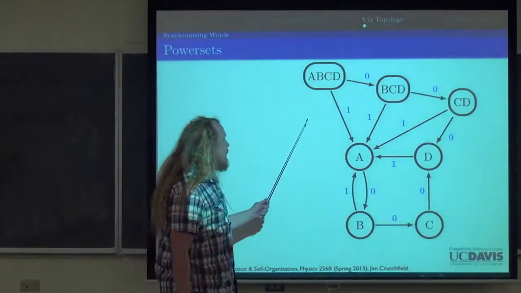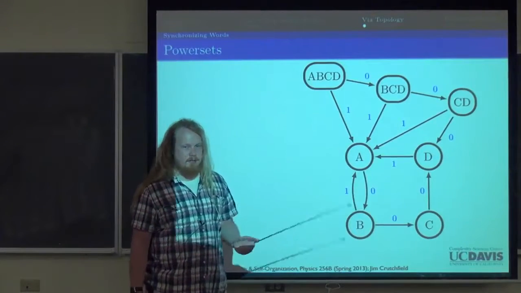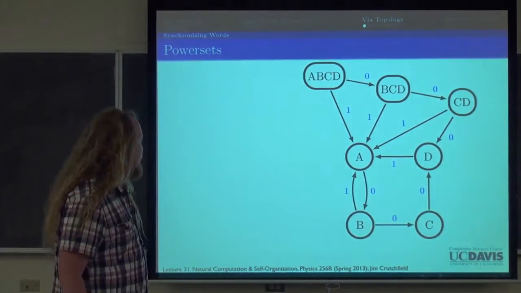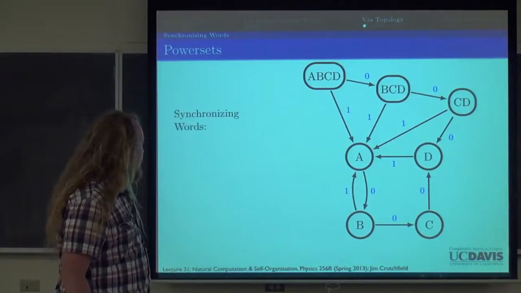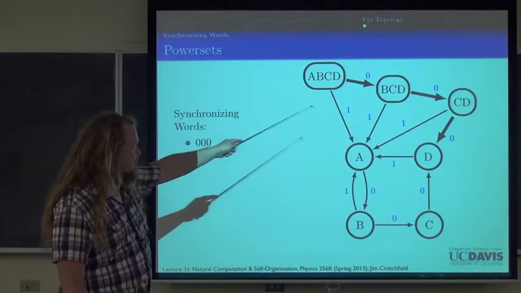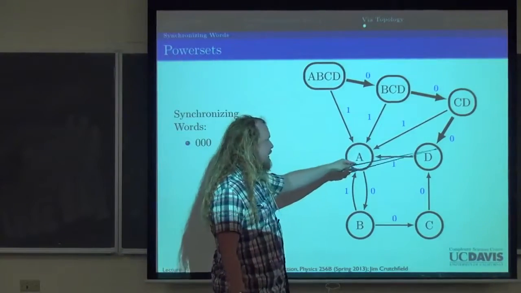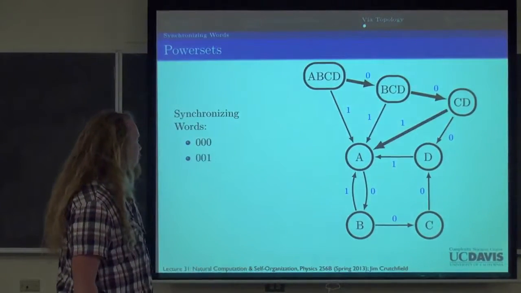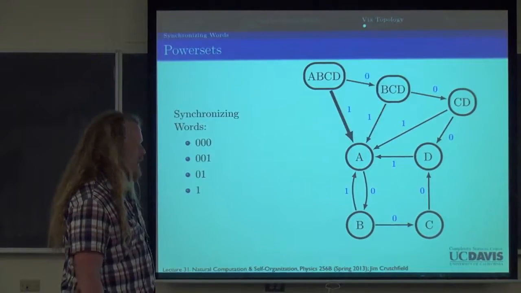We can encapsulate all the synchronizing words of a machine by doing this type of construction. And we can enumerate those synchronizing words again by looking at all paths through that structure. So our synchronizing words are 0, 0, 0. That takes us from not knowing what state we're in to knowing exactly what state we're in. 0, 0, 1, 0, 1, and 1.